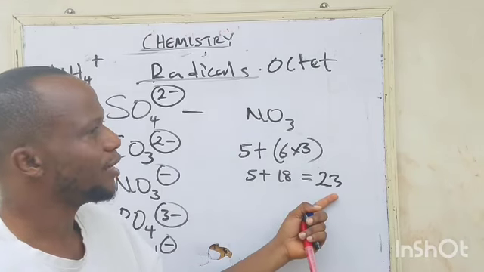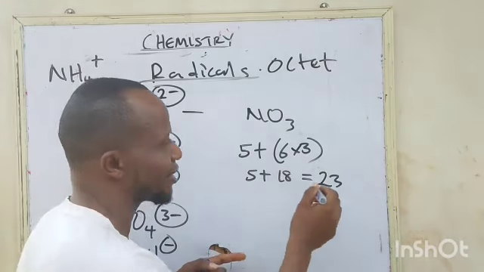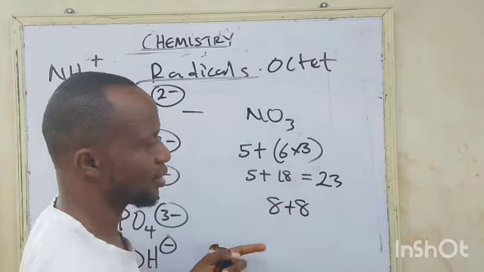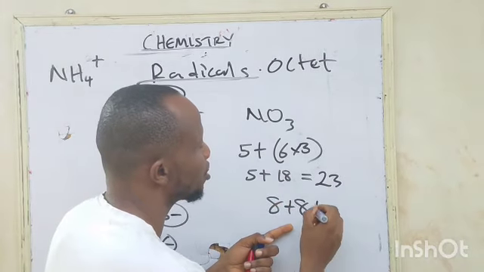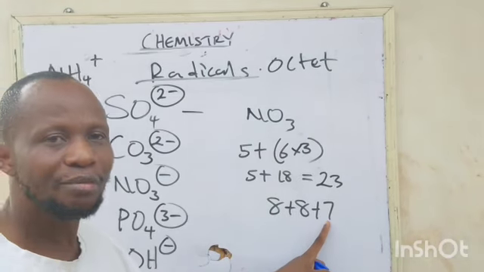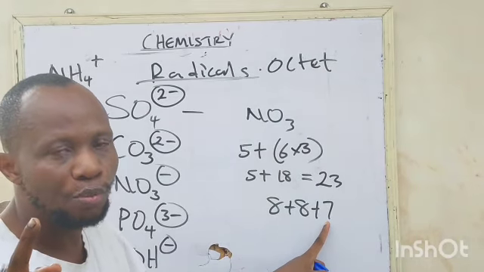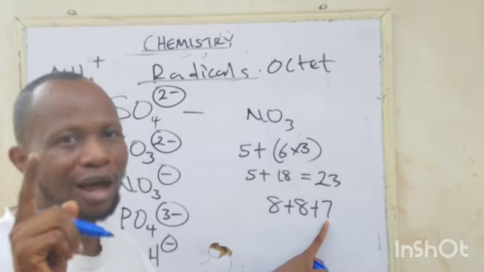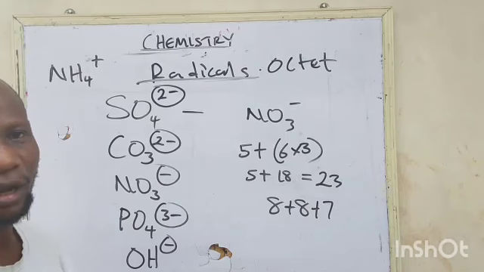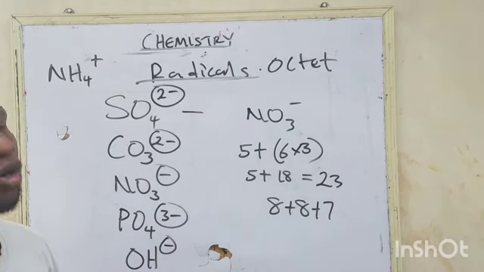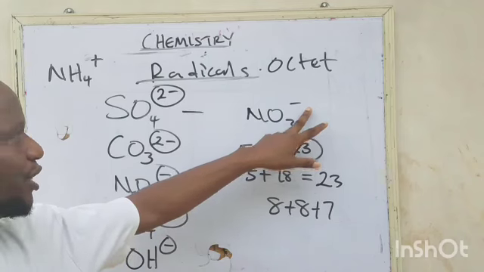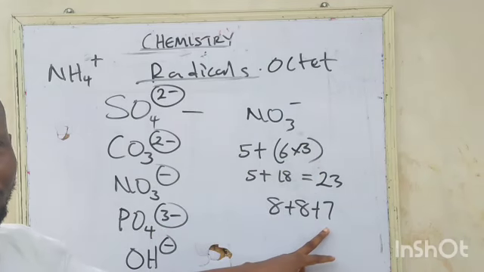Now, with 23, how many octets can we get? We have 8 plus 8, that's 16, plus 7, which gives us 23. The last one remains 1 electron short to complete the last octet. Therefore, that one is deficient, and that is why the charge of NO3 is minus 1. So that is the charge, and this is what determines it.